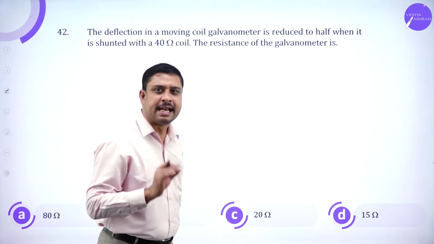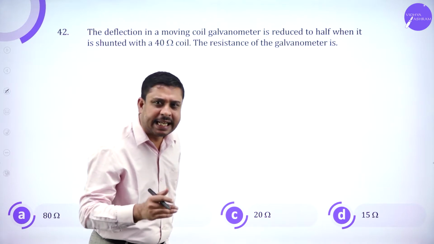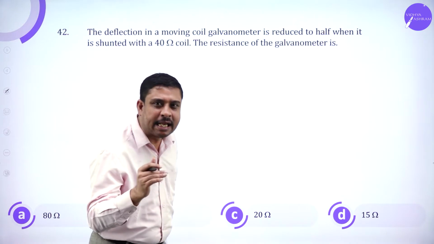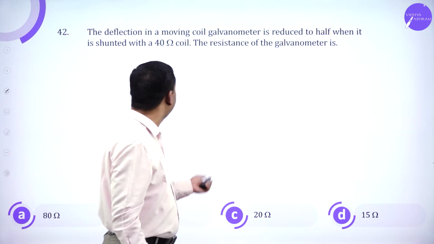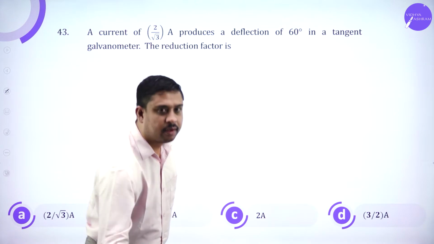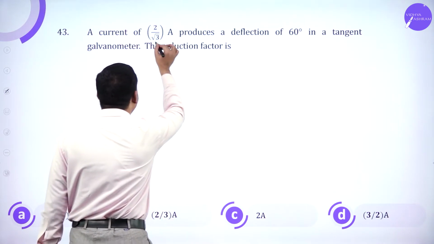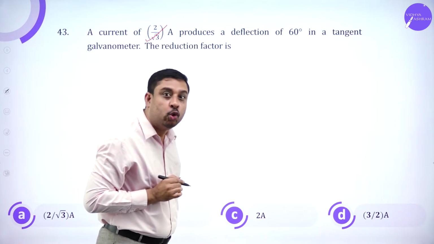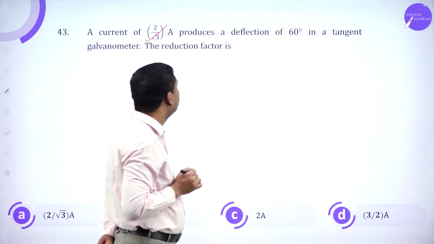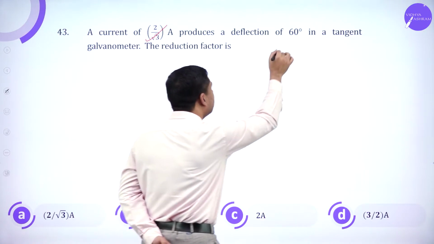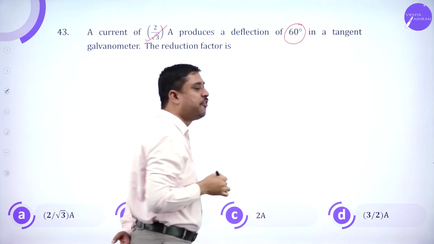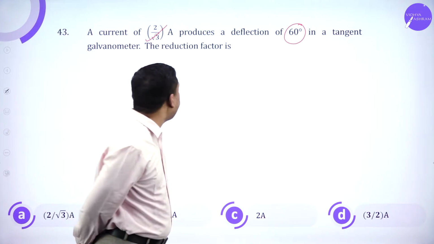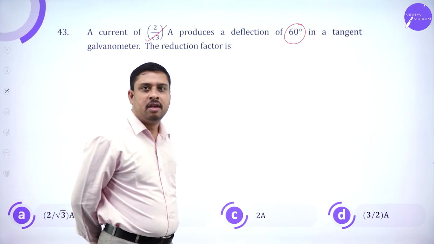Next one. This is an assignment problem. Converting galvanometer into an ammeter. Many a times I have done. Please do refer. Now, a current of 2 divided by root 3 ampere produces a deflection of 60 degrees in a tangent galvanometer.